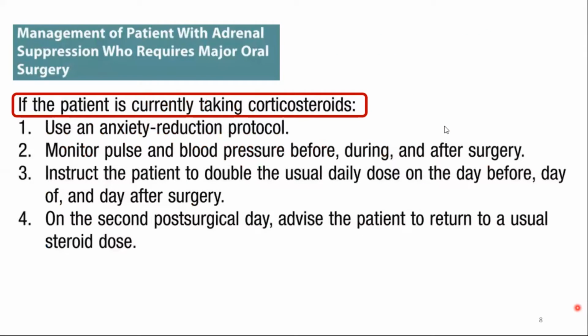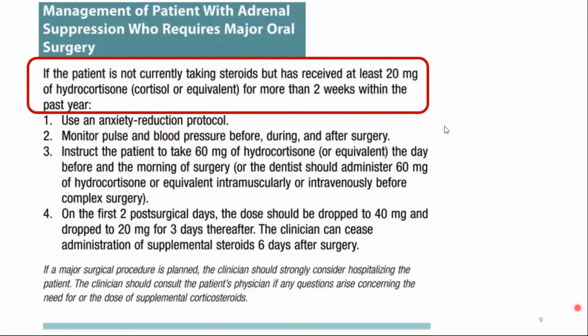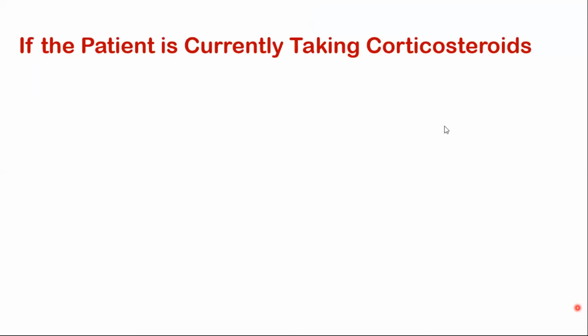These guidelines on the management of patients with adrenal suppression who require major oral surgery are provided in your textbook. These guidelines are divided into two sections, one for patients currently taking steroids and another for patients not currently taking steroids. Now let's explain these guidelines one by one. That will be almost a repetition of the above slides.